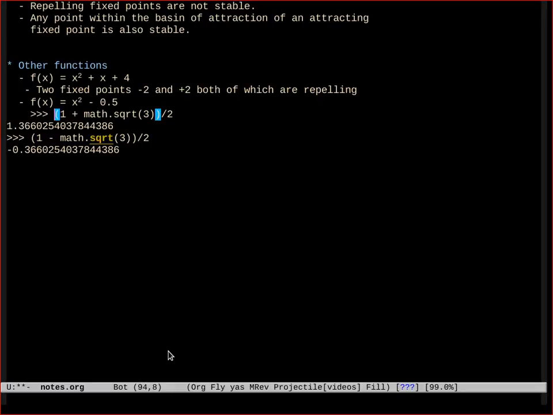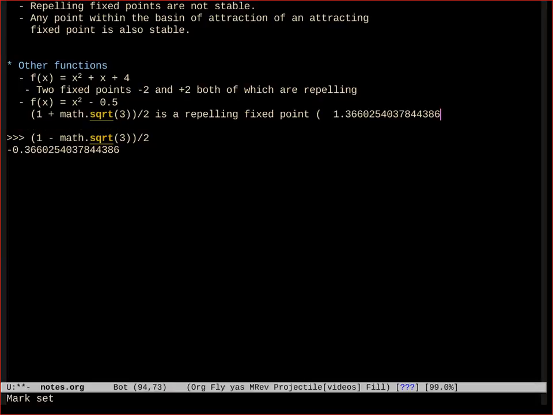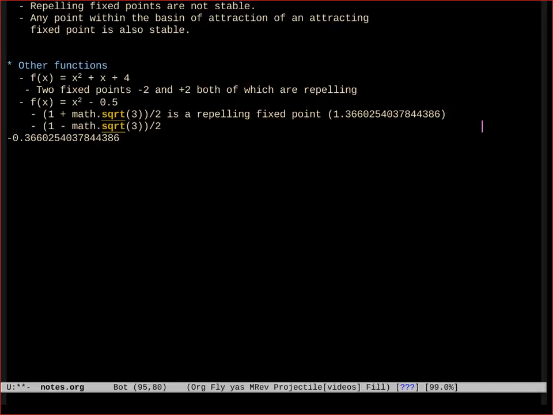So 1 plus square root of 3, divided by 2, is a repelling fixed point, and the value over here so that you can see it, and this one is an attracting fixed point.